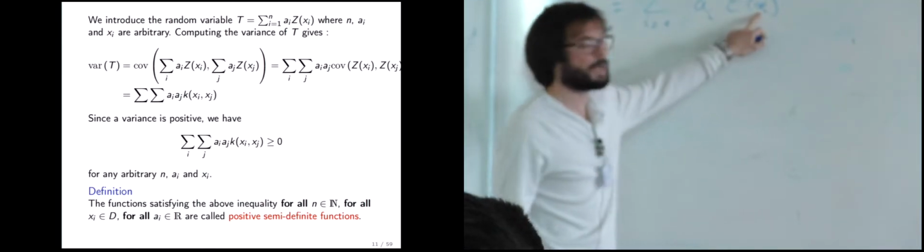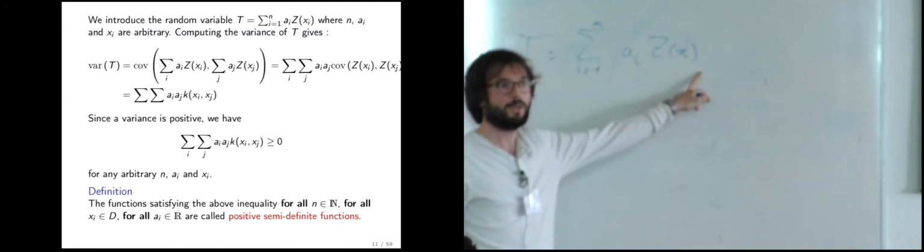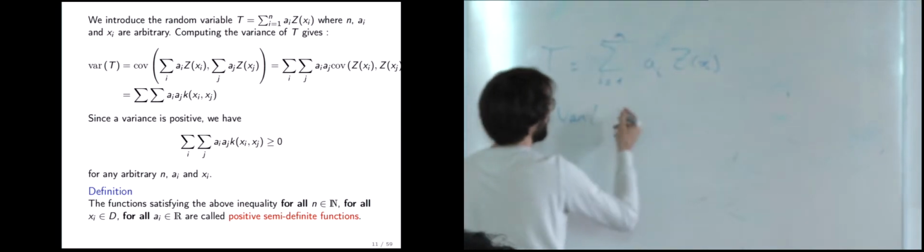From i equal 1 to n, you fix n as you want, you pick the points you want in the input space, and you make this linear combination. This is a random variable, so whatever the n we pick, whatever the x we pick here, we know that the variance of t has to be greater or equal than 0.